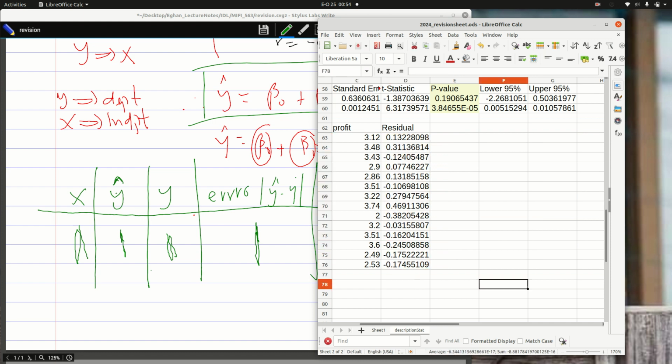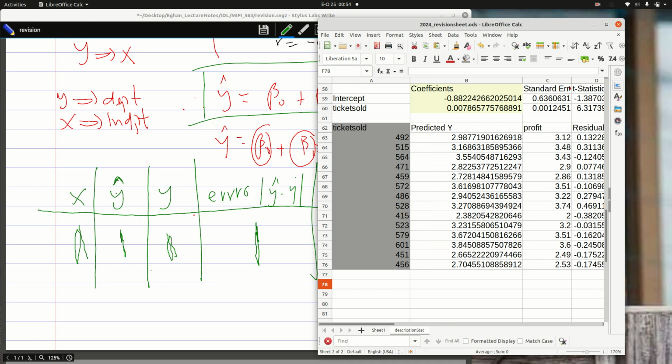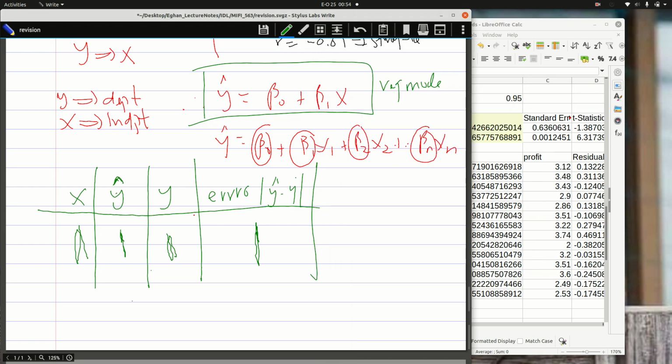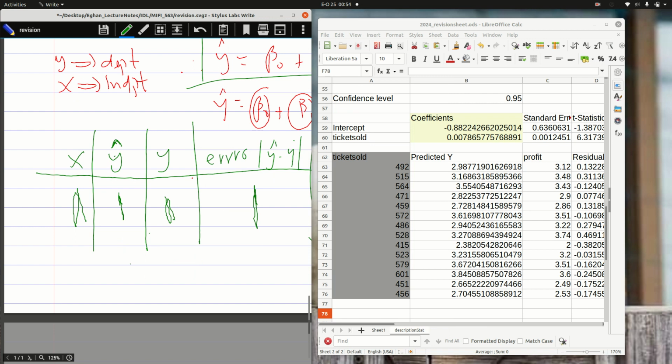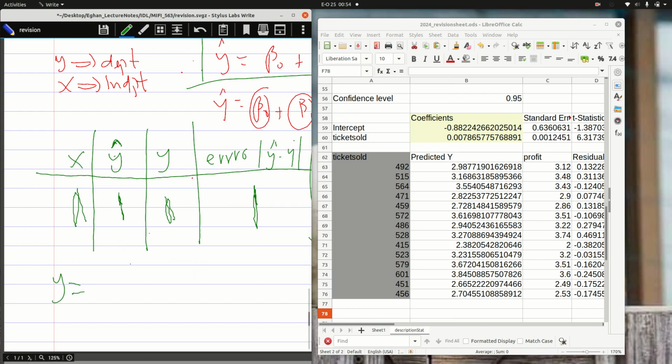So how do we write the model? From what I have in my Excel sheet, my y is equal to beta naught, the intercept, negative 0.882, plus beta 1 times the ticket, 0.007x.